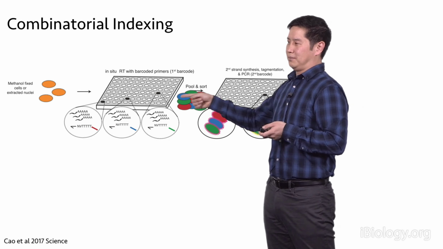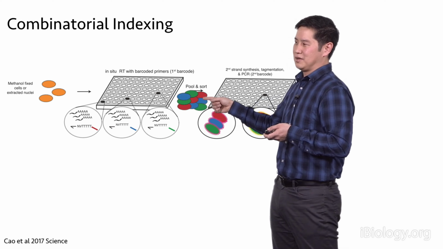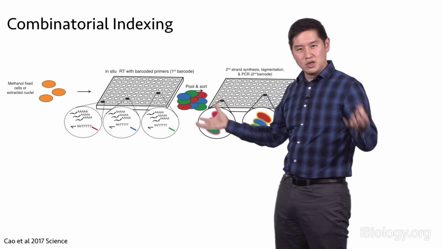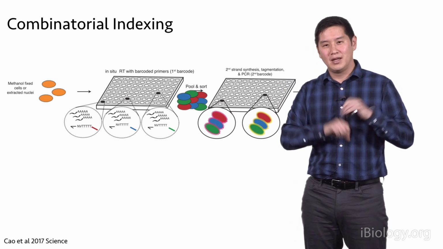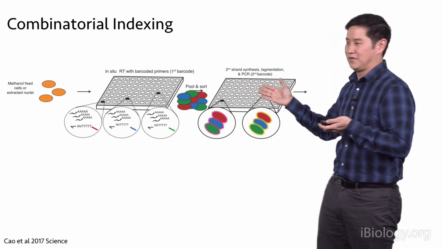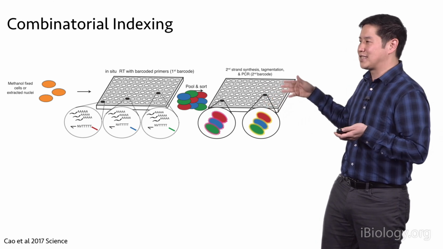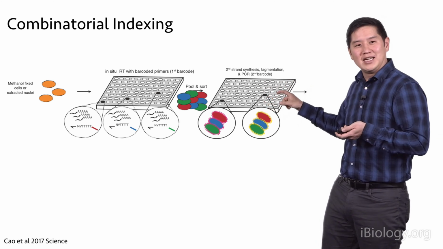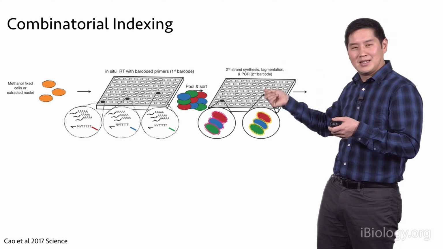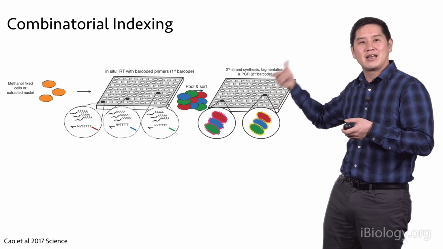So let's say you pulled from 3 wells, and so you have many cells that have green, blue, or red. You combine these cells together, you shuffle them up, and you randomly redistribute them into a new set of wells of a 96 well plate. At this step, you take your cDNA that's present in each of those cells, and then you do a different reaction that will then add a second barcode.